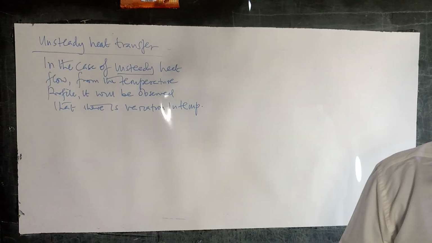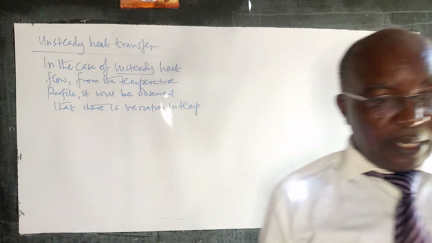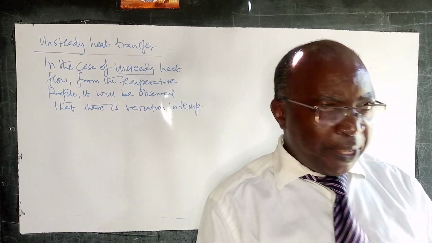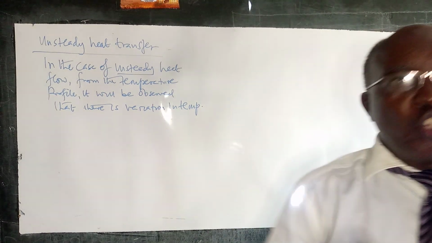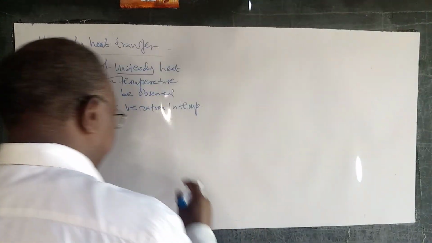And so, good examples of this would be, for example, the heat transferred across the cylinder wall in an internal combustion engine, and also, for example, heat transferred across the walls of a furnace during the cooling or heating process in a furnace.